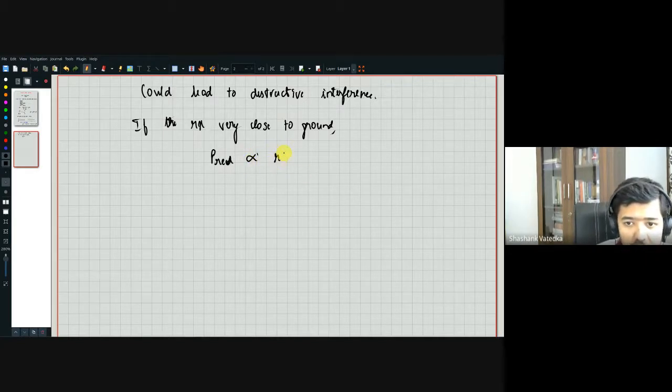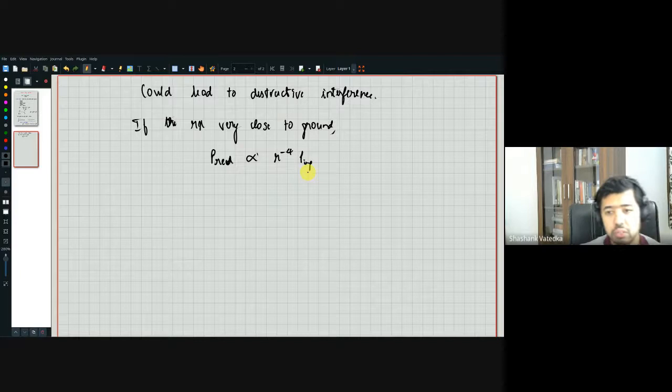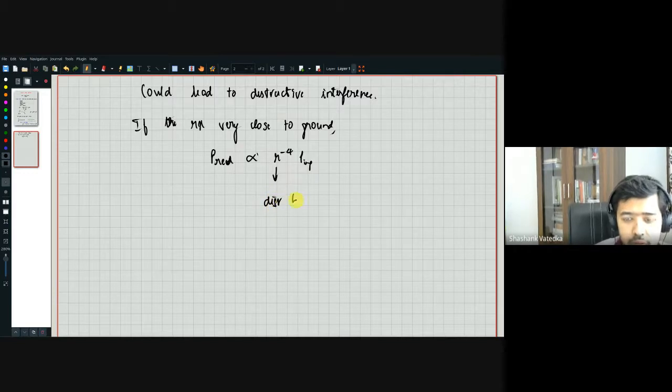In particular, it decays as r to the minus 4 times the input power, where r is the distance between the transmitter and the receiver.